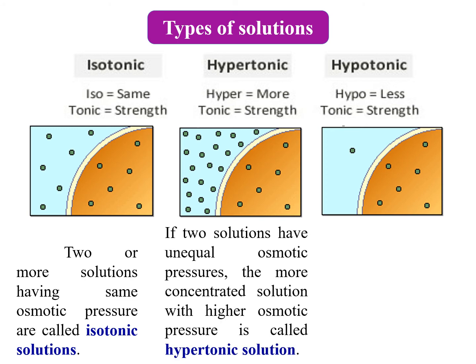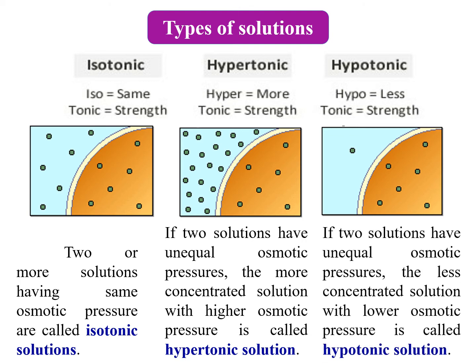If two solutions have unequal osmotic pressures, the more concentrated solution with higher osmotic pressure is called hypertonic solution. Hyper means more. If two solutions have unequal osmotic pressures, the less concentrated solution with lower osmotic pressure is called hypotonic solution. Hypo means less.